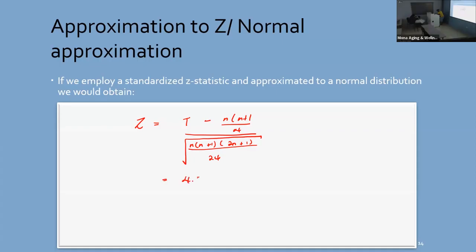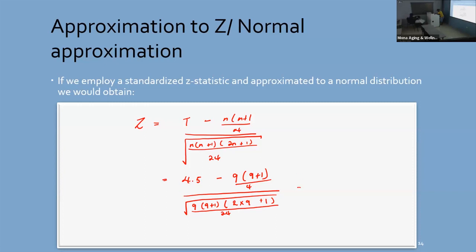So T is going to be 4.5 minus 9 into 9 plus 1. And Christian already told us that that is 22.5. Then the denominator is 9 into 9 plus 1 multiplied by 2 times 9 plus 1, divided by 24.